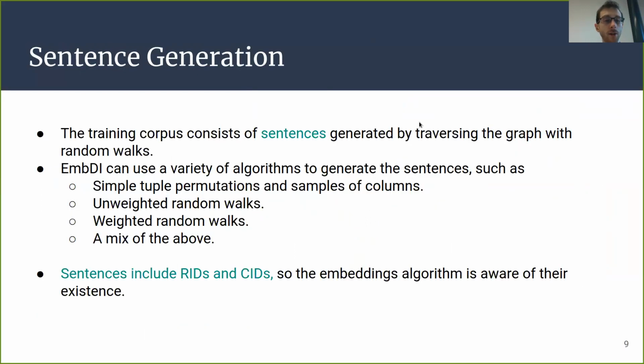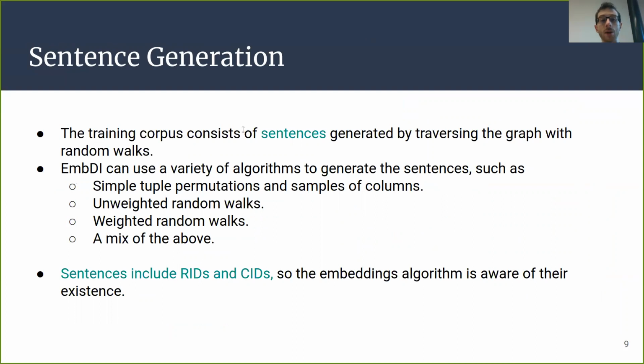Now, once the graph has been prepared, random walks are used to traverse it and to build the training corpus. The random walks are a proxy to describe the graph to the embeddings training algorithm. It is possible to improve the corpus by using weighted random walks or sentences generated using other means.